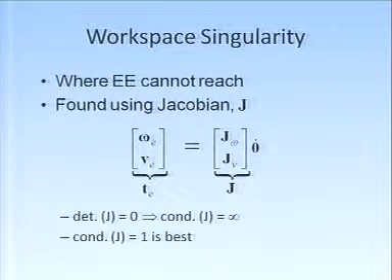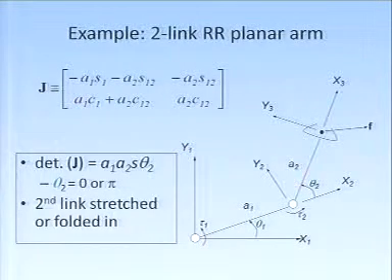We have seen during statics which are the good positions, and we will see that in terms of velocity they also remain the good positions. Now, this is the Jacobian of a two link arm. This Jacobian we have calculated. The determinant of the Jacobian we also calculated as A1 A2 sin theta 2.